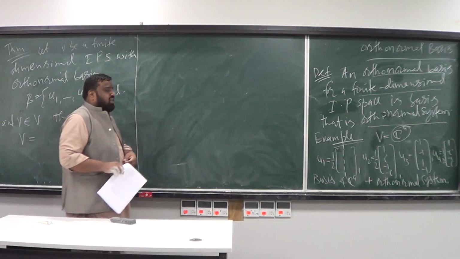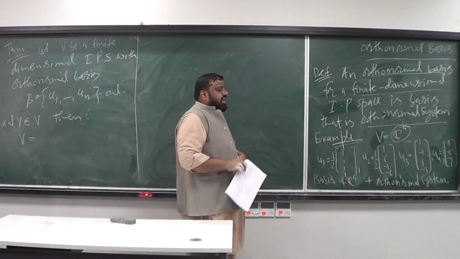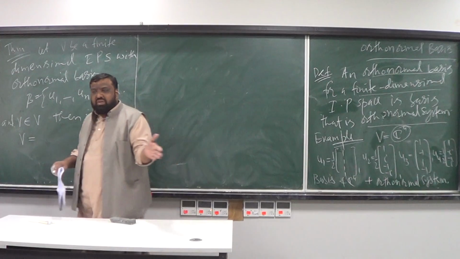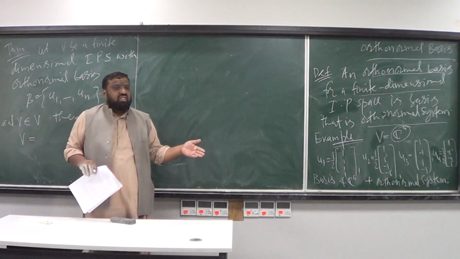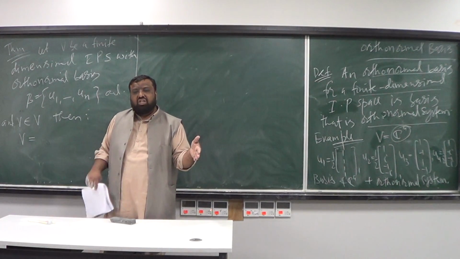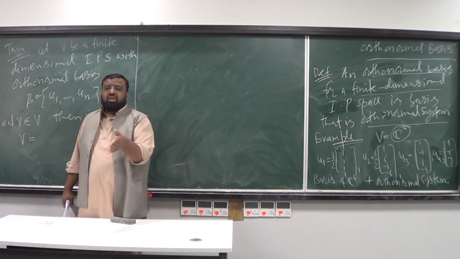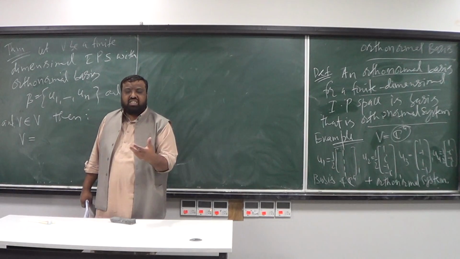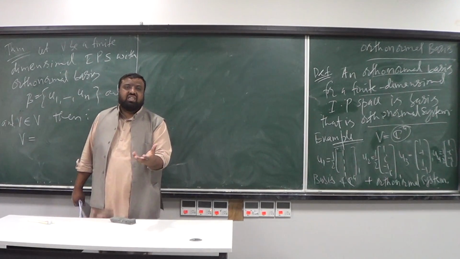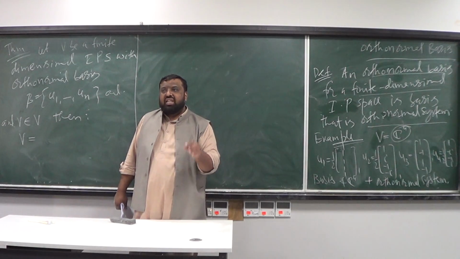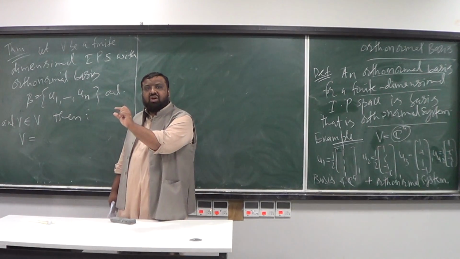You might have seen in your linear algebra course that if you want to write a given vector as a linear combination of basis vectors, then you do what? You write your given vector as a linear combination of basis vectors, and then you arrive at a system of equations, and you solve that system of equations, and then you get the coefficients of the vectors.